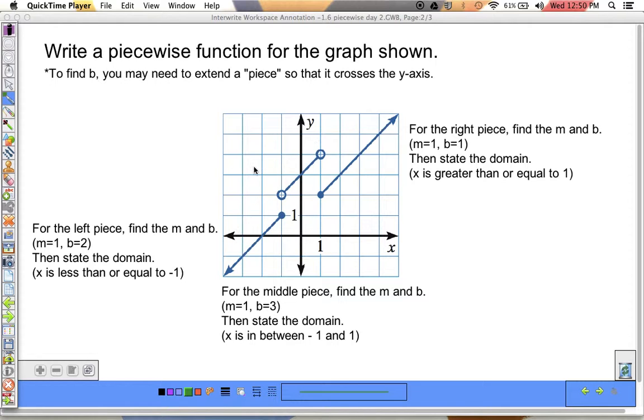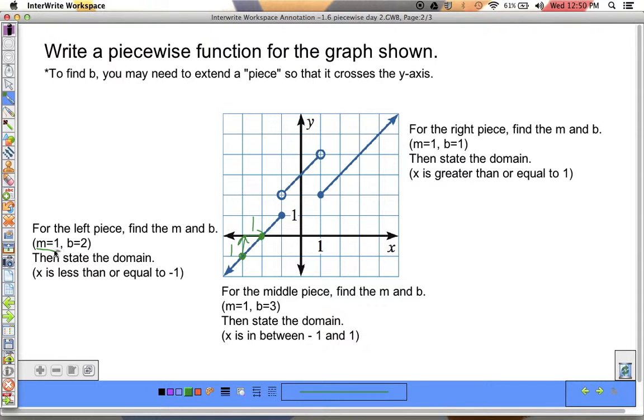So if I take this graph here in the middle, just remember to find b on some of these pieces. They're not long enough, so you might need to extend it so that it crosses the y-axis for you. So for the left piece over here, we're going to find m, so we just pick 2 points on the graph, and we're going to rise 1, run 1.